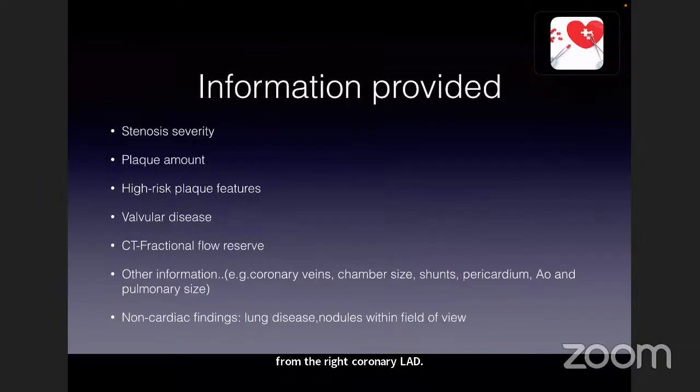Actually, there is some information the coronary artery CT can provide: stenosis severity, plaque amount, high-risk plaque features, valvular disease, CT functional flow reserve, and other information. And there are also non-cardiac findings, such as lung nodules within the field of view.